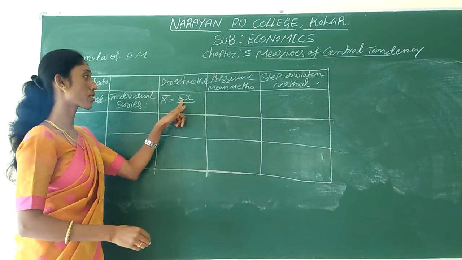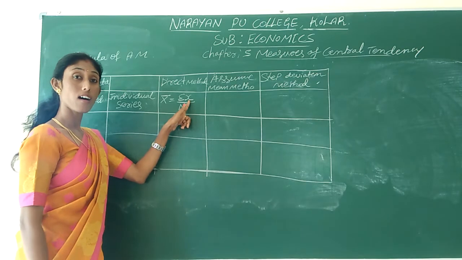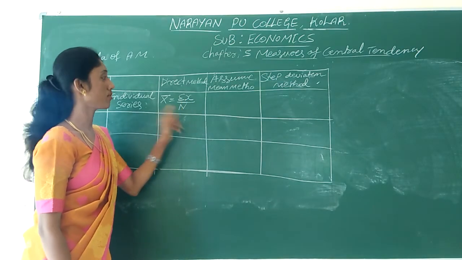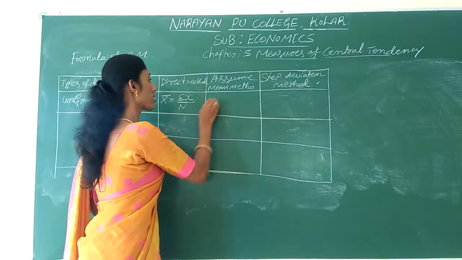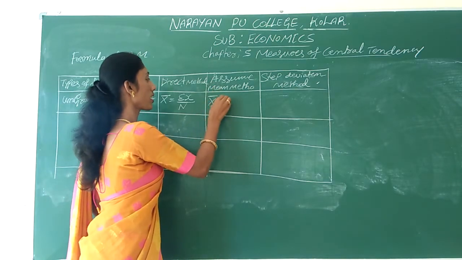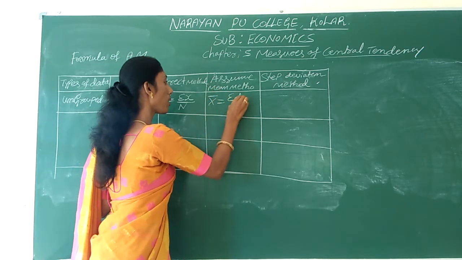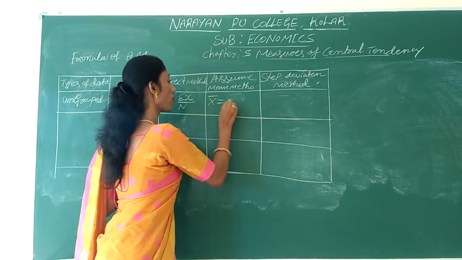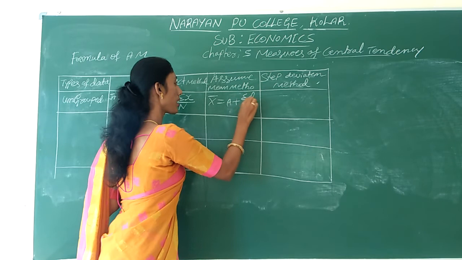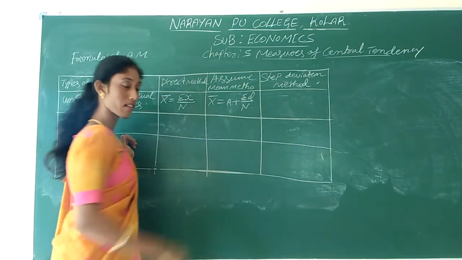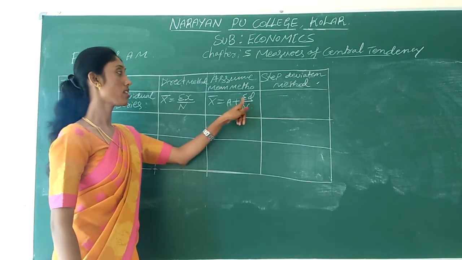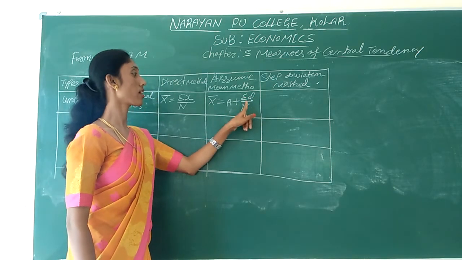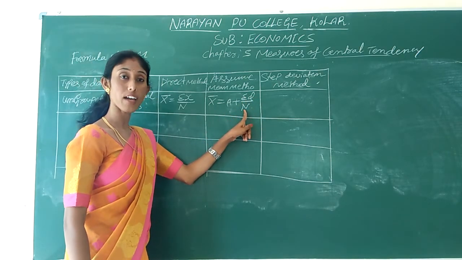Here sigma x means sum of all the observations divided by number of items. Then assume mean method formula is x bar is equal to a plus sigma d divided by n. Here a means assumed mean, sigma d means sum of all the deviation values divided by number of items.